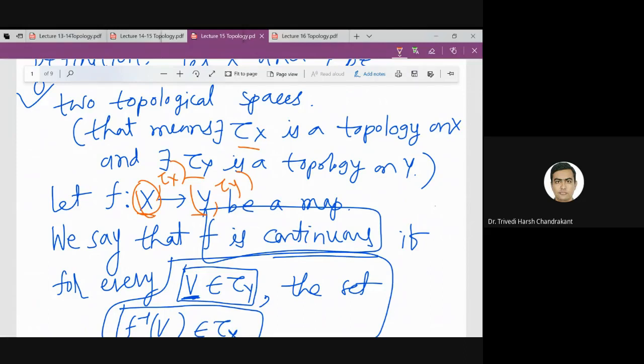Similarly, on Y we have a topological structure. That means we know all the open sets in X, we know all the open sets in Y, and f is a function from X to Y.